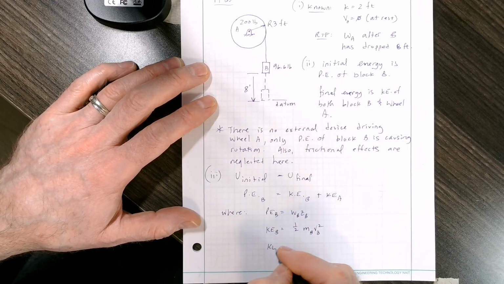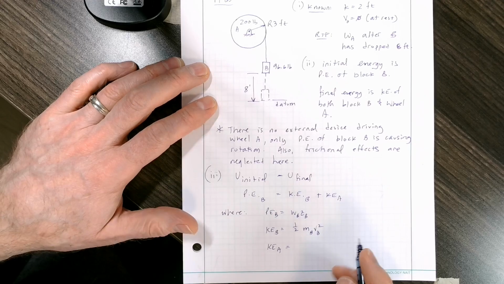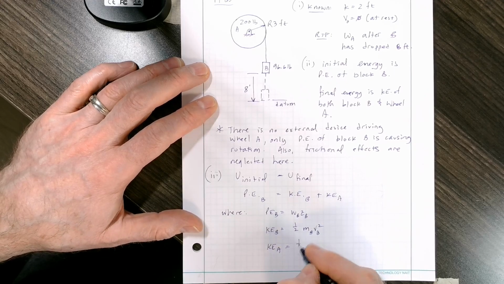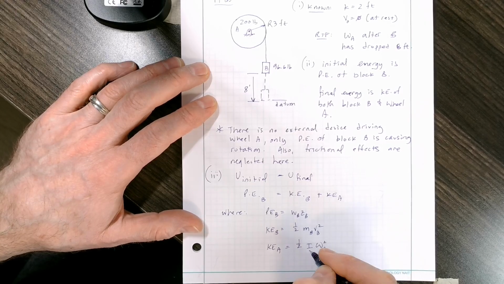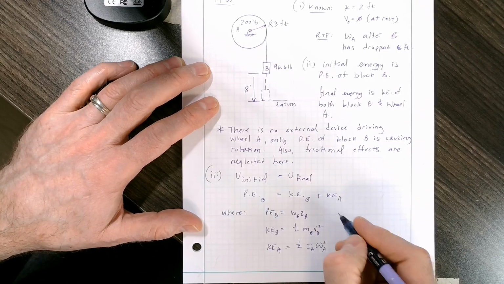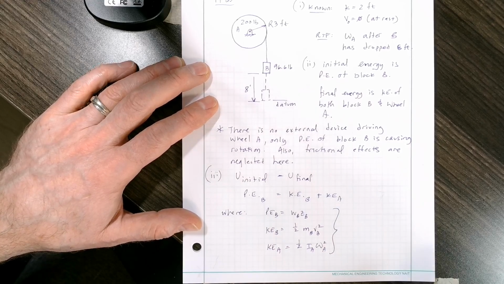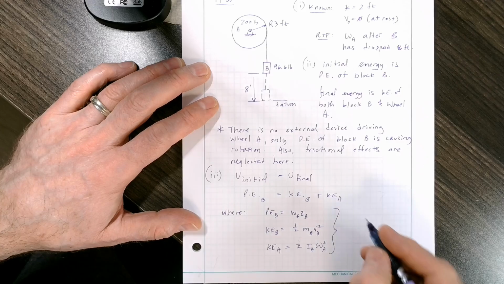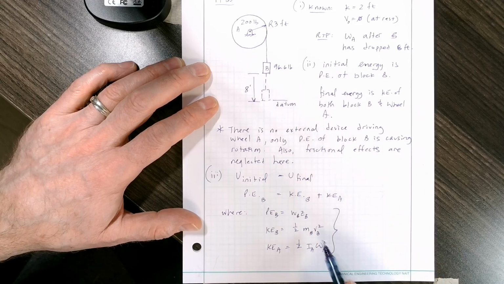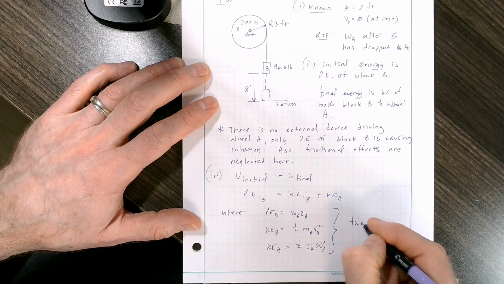And kinetic energy of A, the wheel, is our friend 1/2 I_A omega squared. So there are our three energies. But we've got too many unknowns. The question asks for the velocity of A, omega A, that's what we're after. But v_B is unknown as well, so you have to relate the two. There are two unknowns: the velocity of B and omega A.